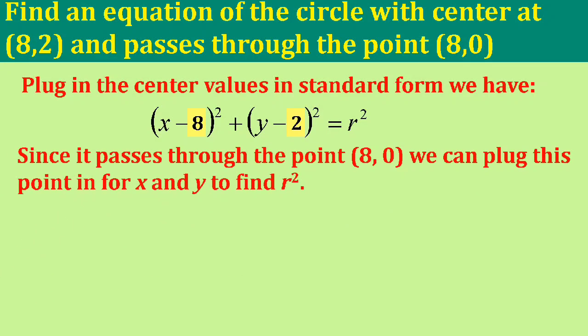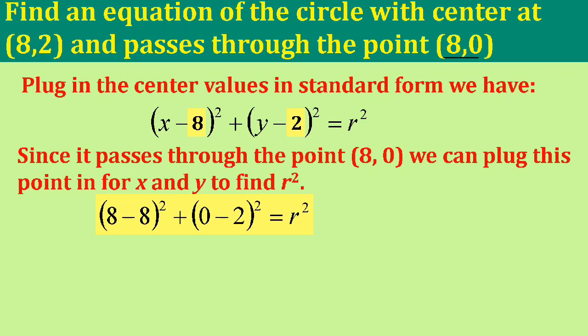Since it passes through the point (8, 0), we can plug this point in for x and y to find r squared. Okay, so we have (8 - 8) squared plus the quantity (0 - 2) squared is equal to r squared. So 8, okay, and 0 comes from this particular given.